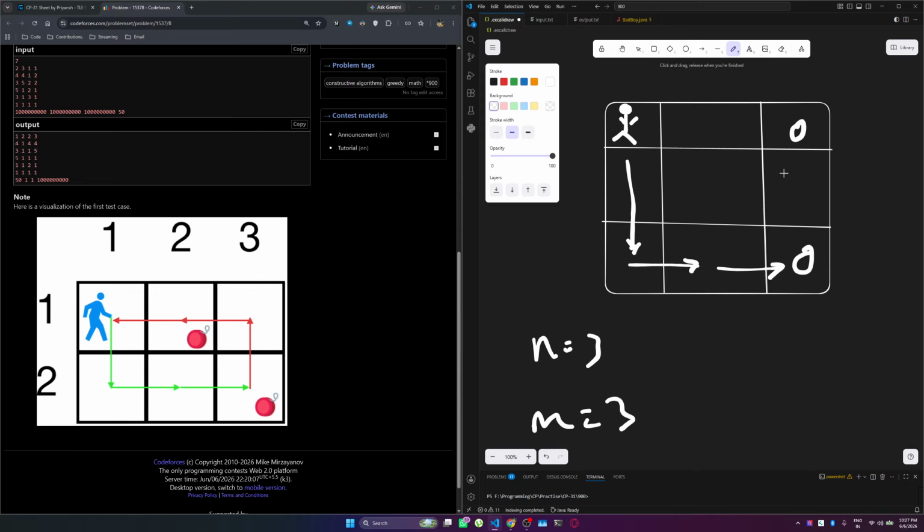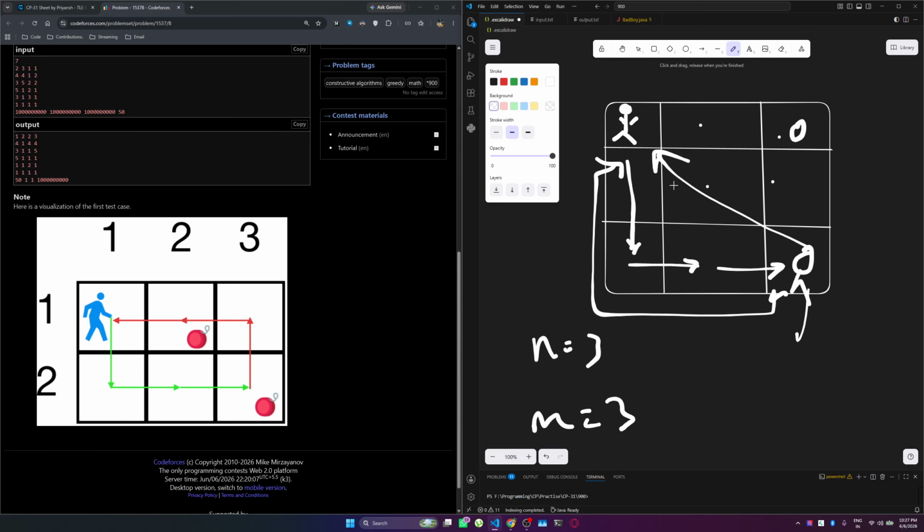So it doesn't matter where we place the second one. As long as we place the first one here, it's going to take this long a path to reach, and he can pick it up either way. If you place it here, here, or here, it's going to take the same number of steps to go back to the initial position.